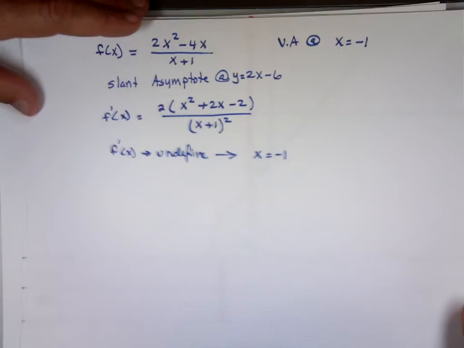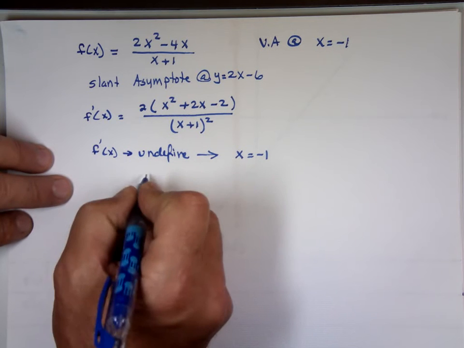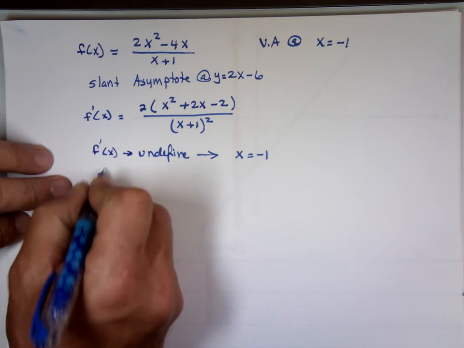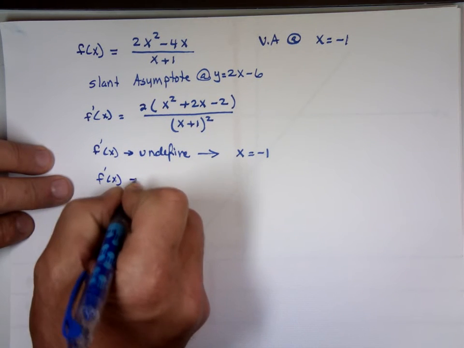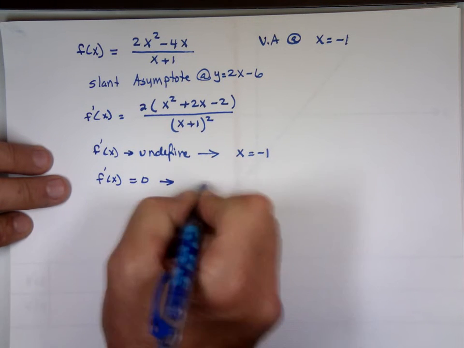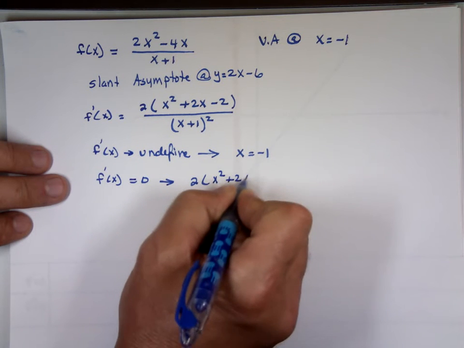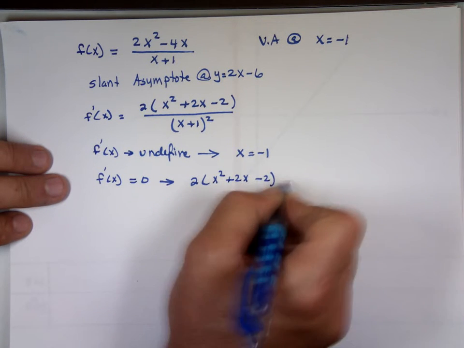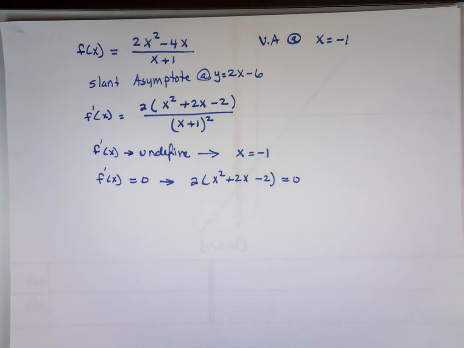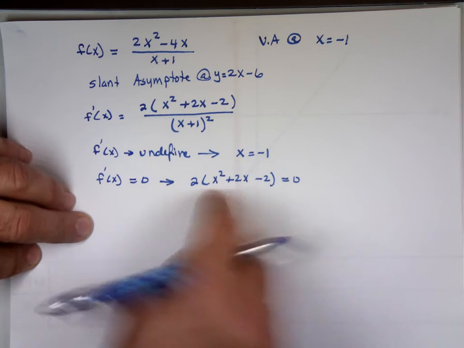Where is the derivative equal to 0? That's when the top is 0. I just made up this problem, so I didn't think about it. And that's not going to be nice, because I can't factor it. I got to use the quadratic formula to solve it.